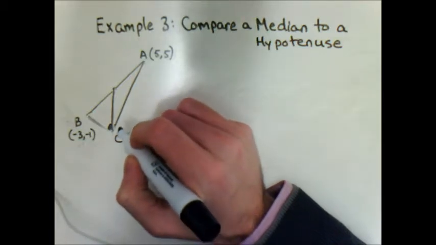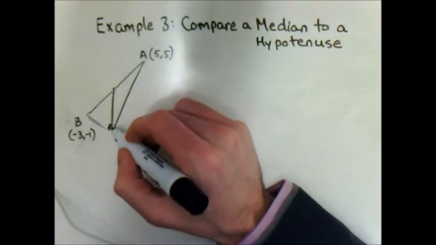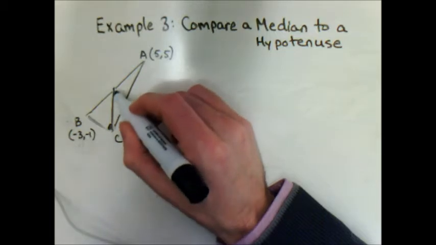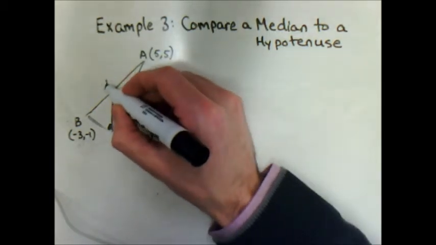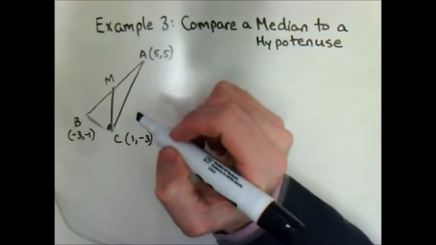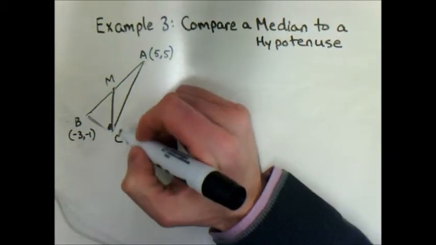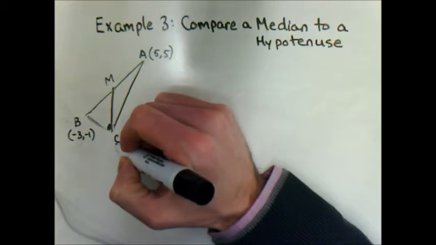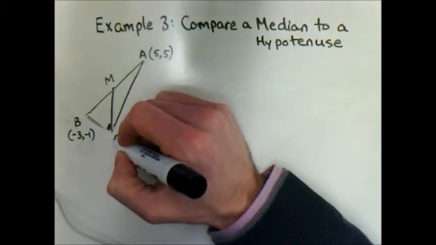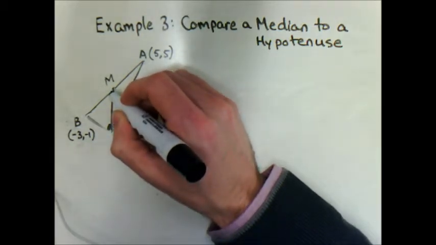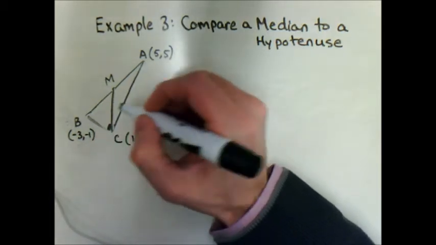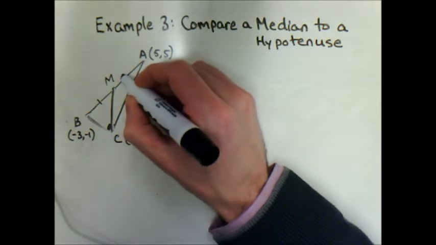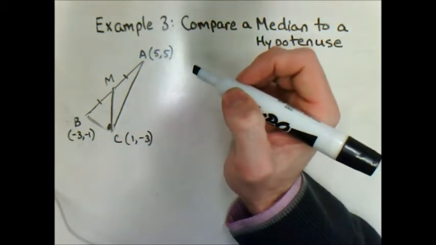And we also need to know the length of the median from the right angle to the hypotenuse. In order to find that length, we're going to need to find this point, which happens to be the midpoint of AB, because a median stretches from one vertex to the midpoint of the opposite side. So by definition, the median will hit AB at its midpoint, which means this length will be the same as that length.